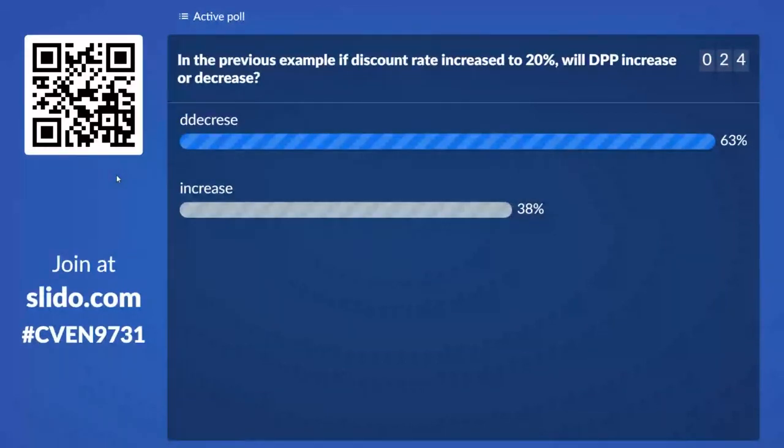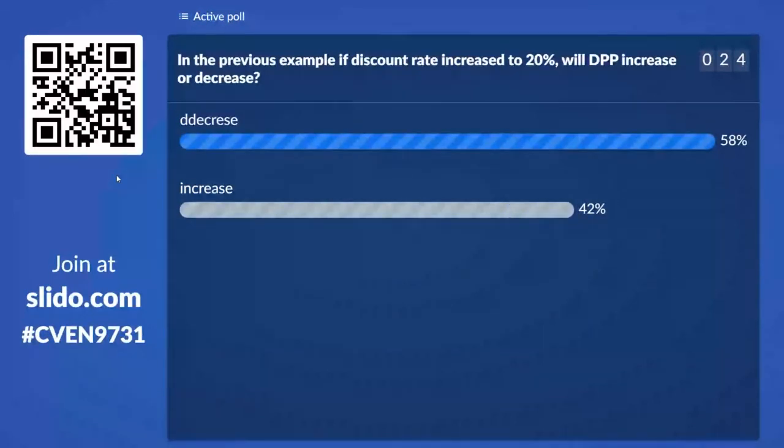So the money loses more value, which means that your discounted cash flow is going to be less. So why would the discounted payback period also decrease? So yep, that's right.